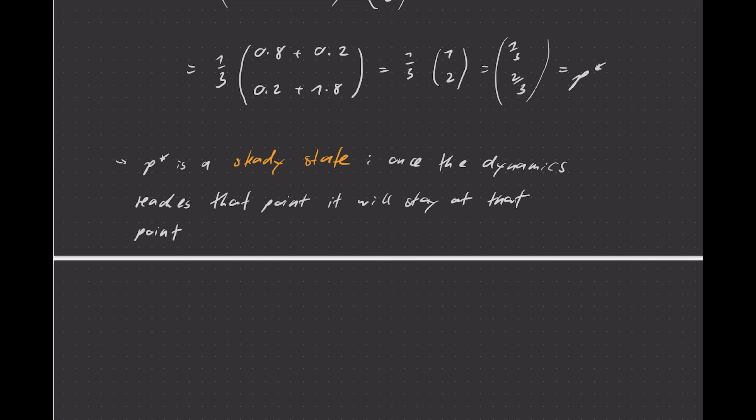Unless, of course, there are some external effects that change the behavior, that change the matrix A, and then of course we will be able to revert from that point in one direction or the other. And by the way, a different name for that steady state, so this P star, is a fixed point. We talk about that in later chapters of this semester, but just so you've heard the name already, this steady state is a fixed point here.